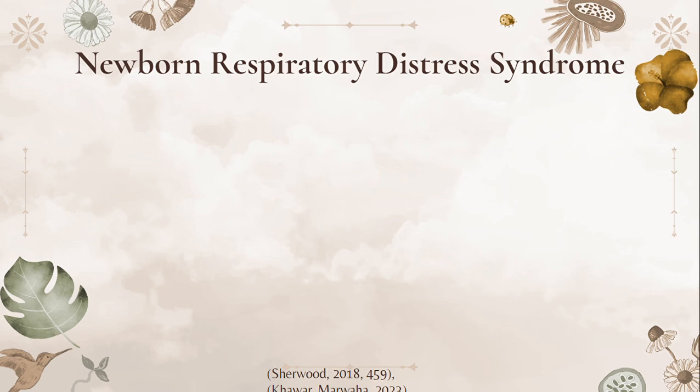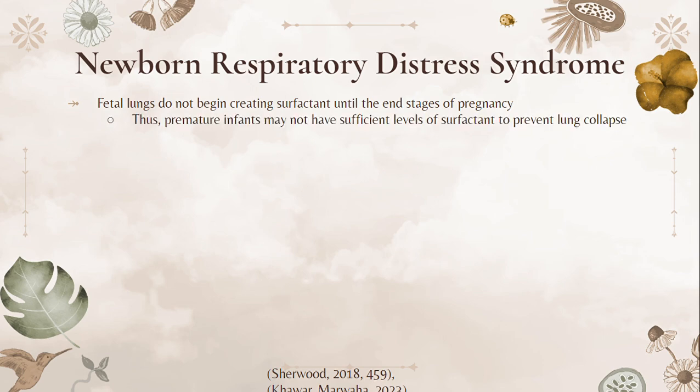Now, this can lead to a rather nasty disorder called newborn respiratory distress syndrome. In newborn respiratory distress syndrome, fetal lungs don't actually begin to create surfactant until the end stages of pregnancy, when the baby is preparing for birth and preparing to breathe room air instead of relying on mom.